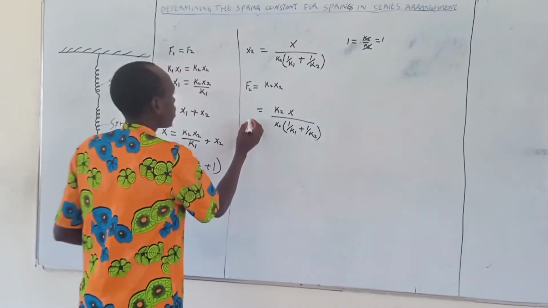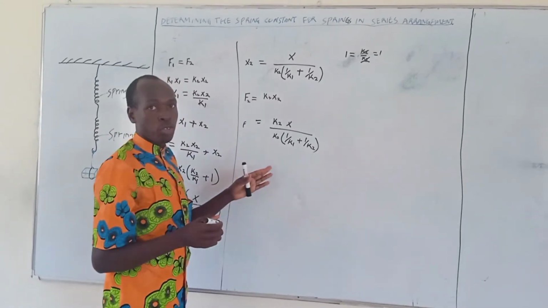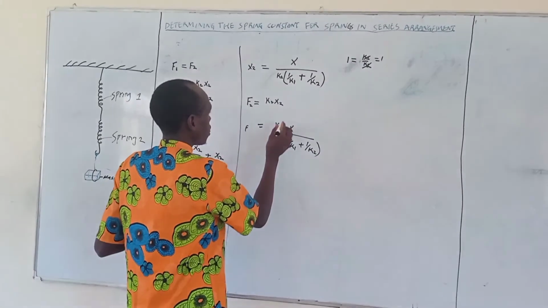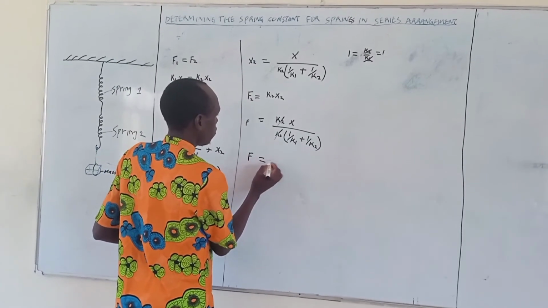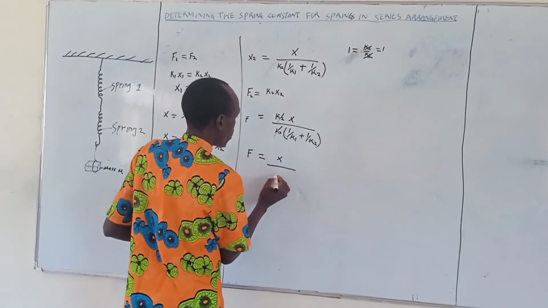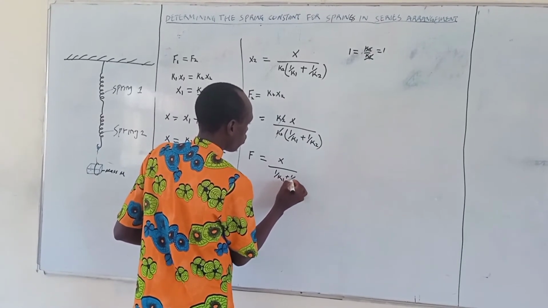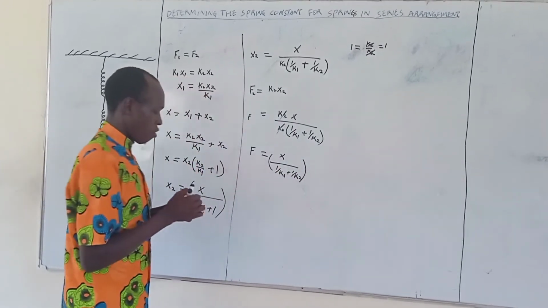After writing it like that, this is now force. Then you realize that we can cancel out some items here. This K2 can cancel out with that, so that we can have F given as X divided by 1 all over K1 plus 1 all over K2. This is now our force.